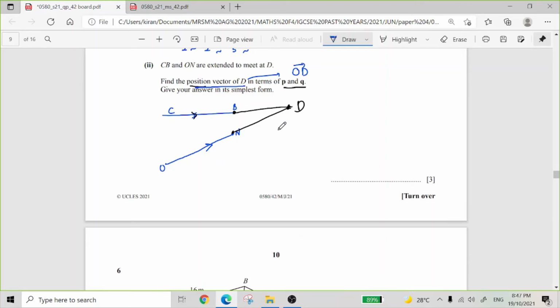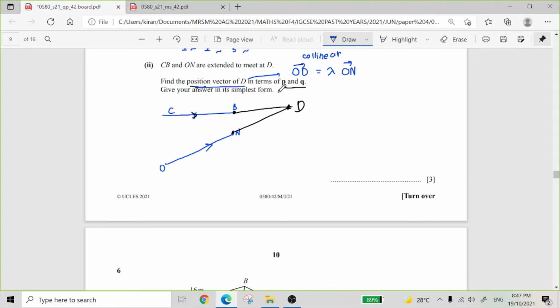we know that the vector OD is a scalar multiple of vector ON. Because OD is parallel to vector ON, they are collinear.